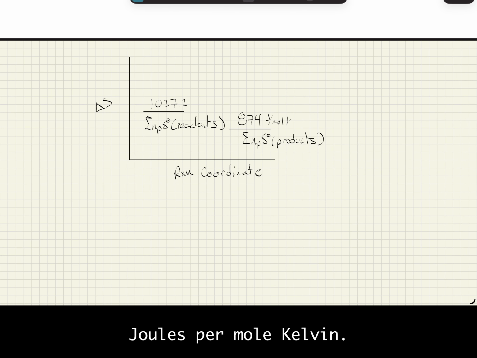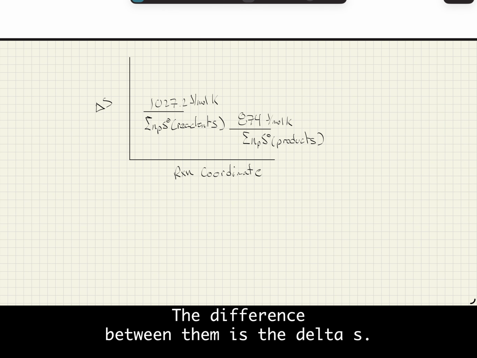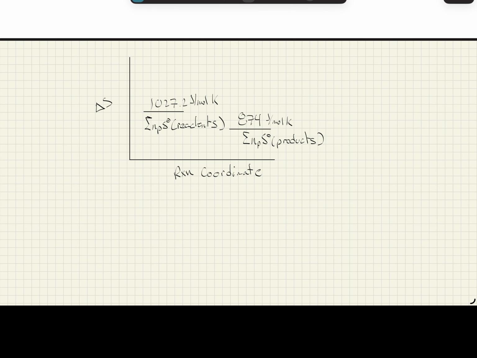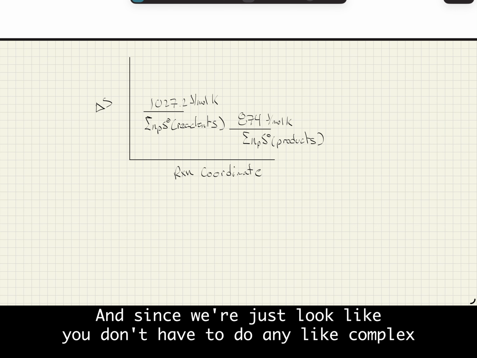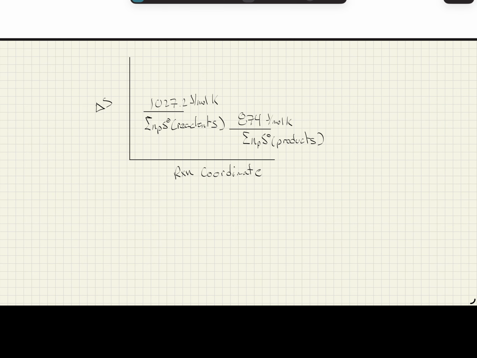Joules per mole Kelvin. So we're saying my reaction starts at one point, ends at a different point. The difference between them is the delta S. And you don't have to do any complex calculation to get those entropies, just look them up on a table.